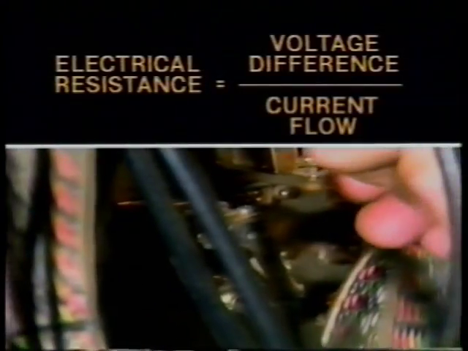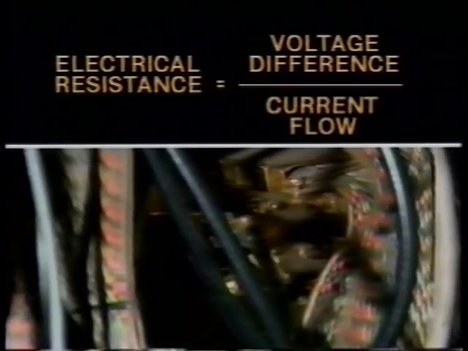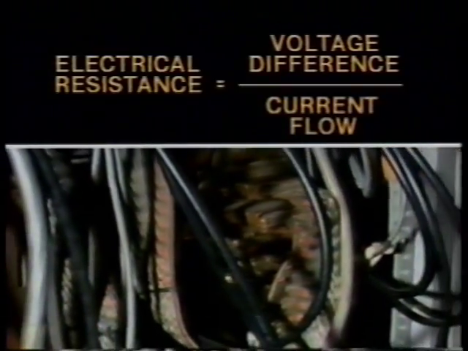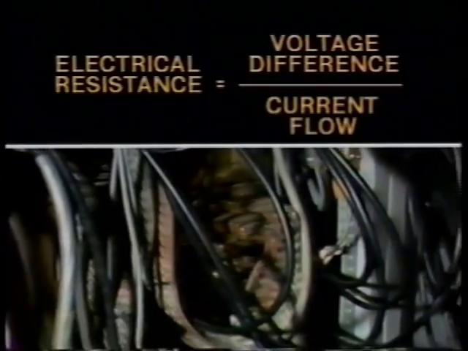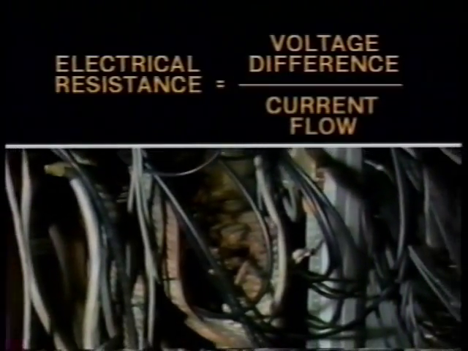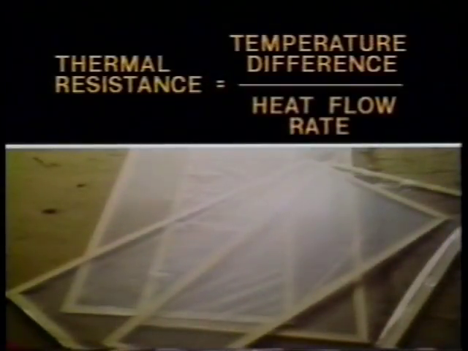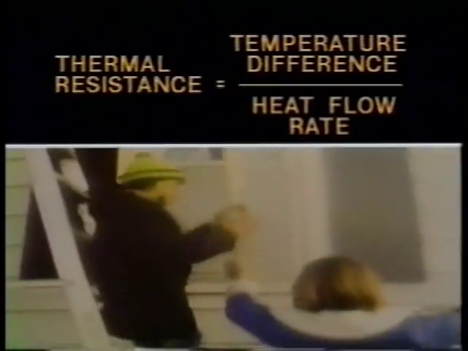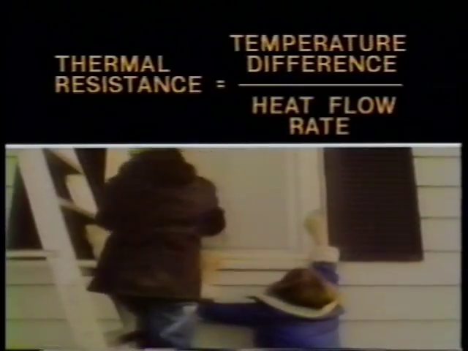In electrical systems, voltage is the force and the current is the rate. And thermal resistance acts against temperature difference and slows down the rate of heat flow. In every case, resistance opposes a force and affects a rate.